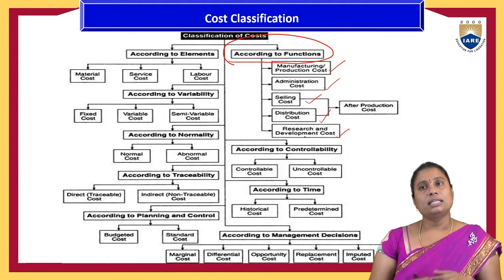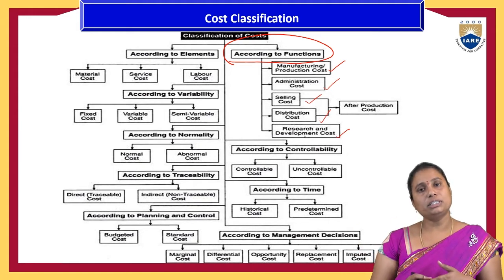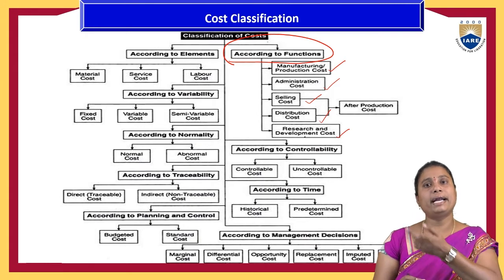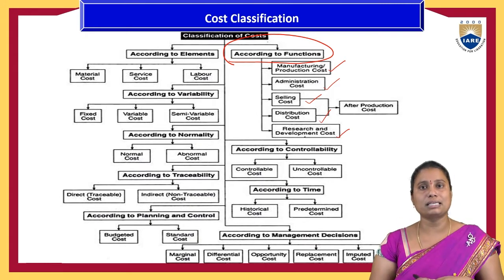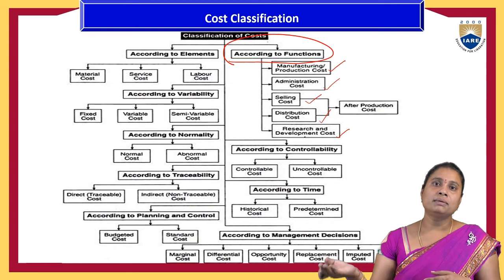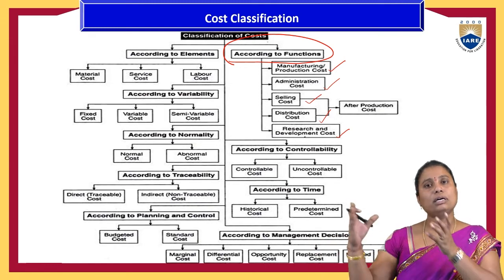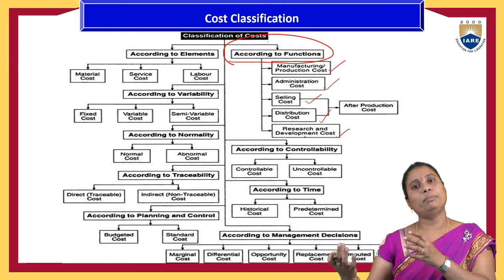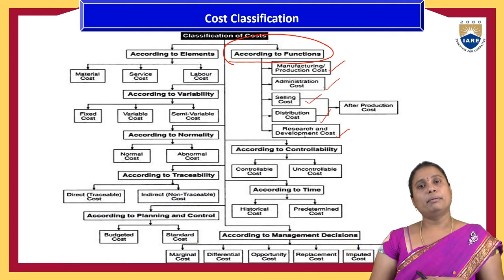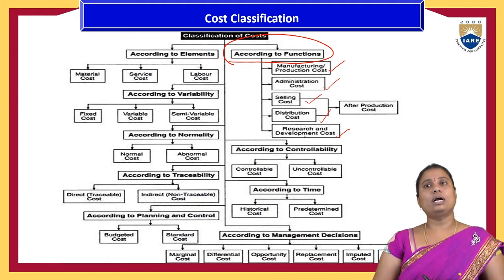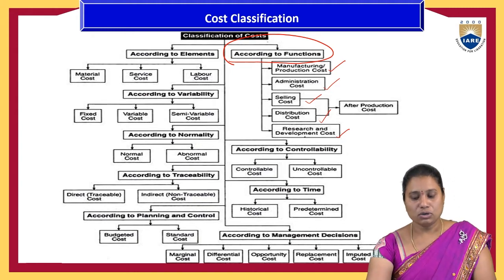After that, administration expenditure is incurred. The product is designed, labor and employees are recruited, and all the office-level expenditure added to the factory-level expenditure is called administrative cost.